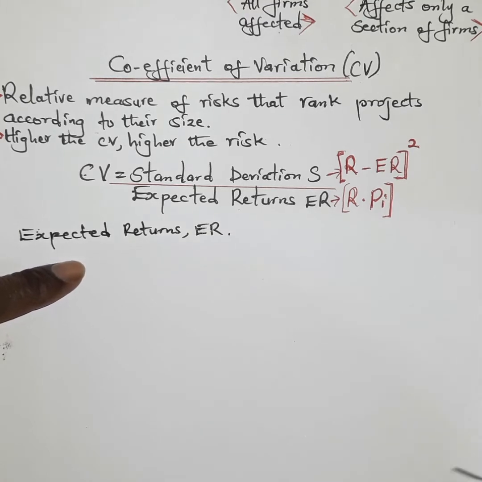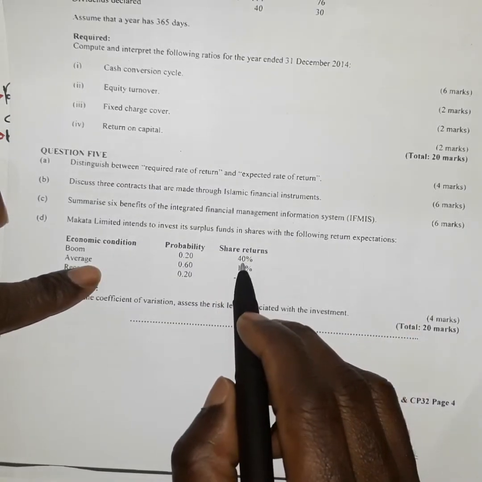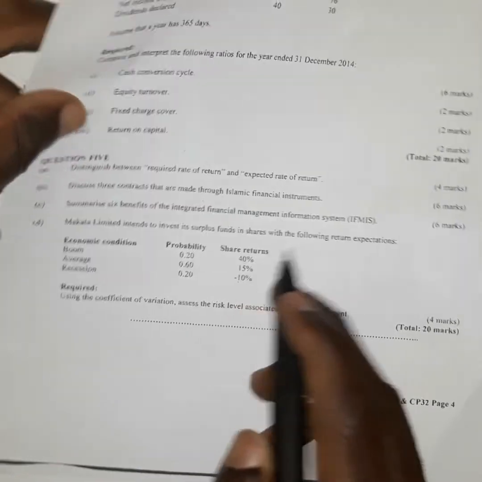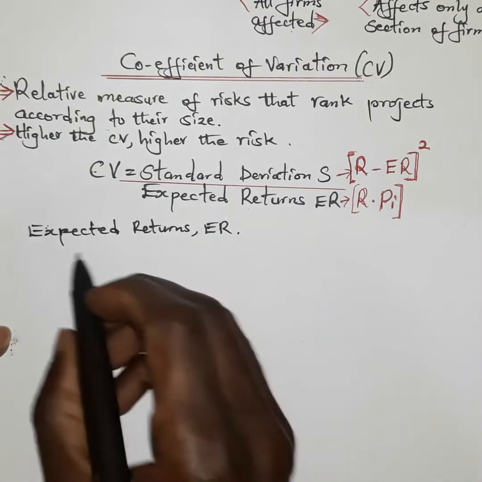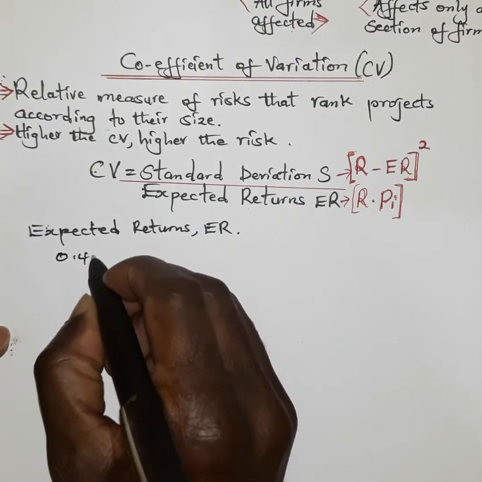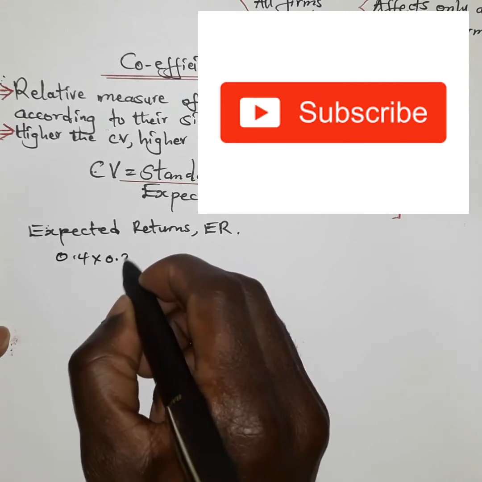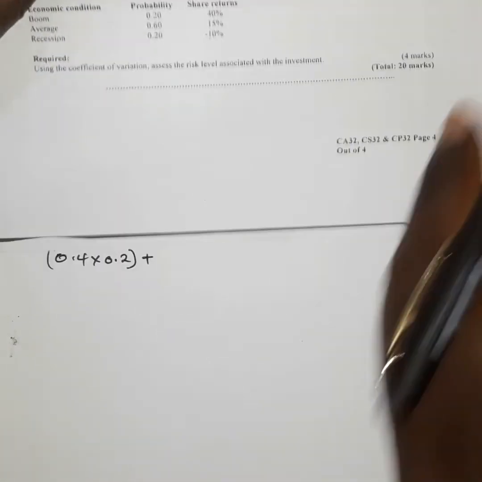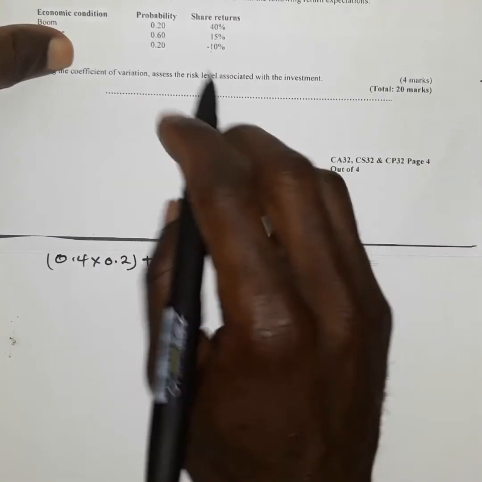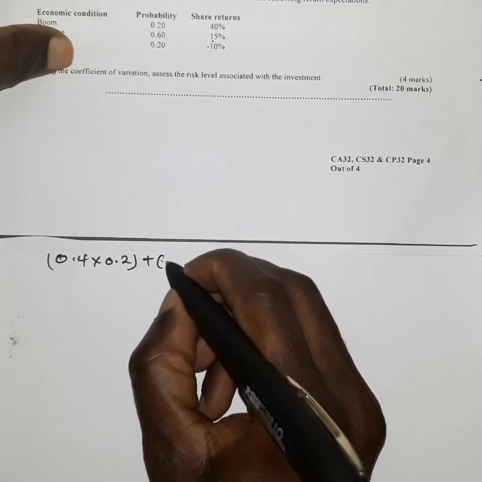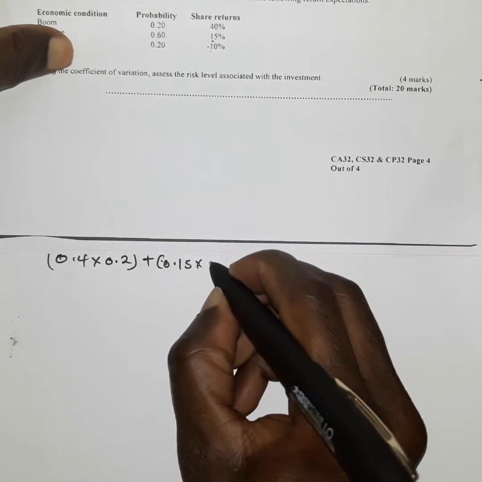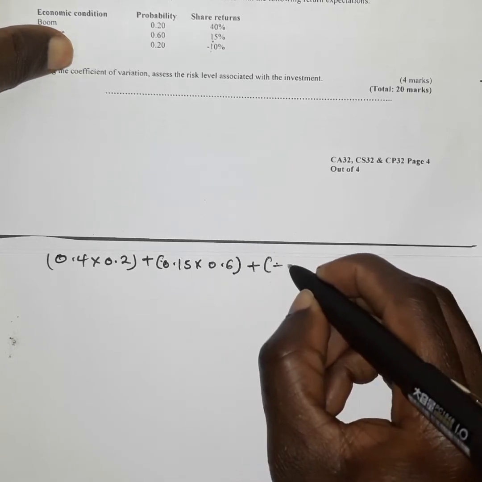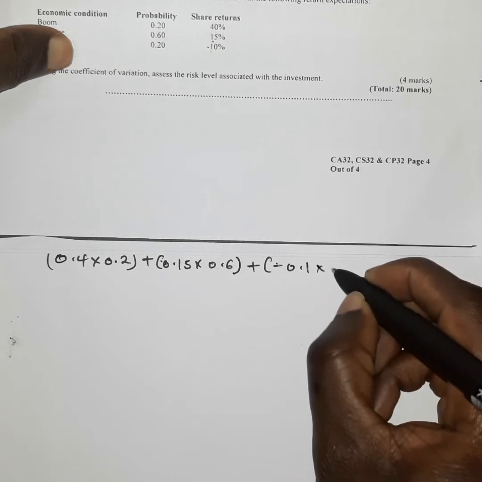We're supposed to multiply the returns with each probability. So I have 0.4 times 0.2, plus the next one, 0.15 times 0.6, plus the last one, negative 0.1 times 0.2.